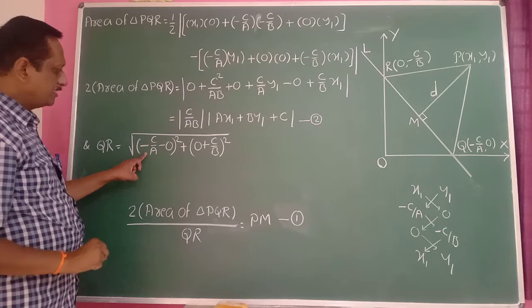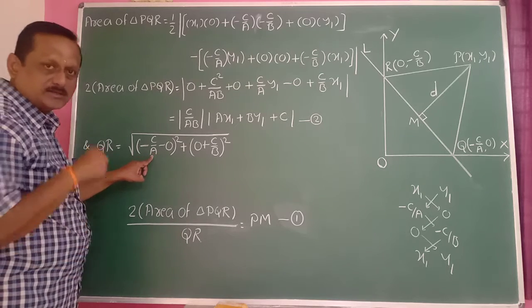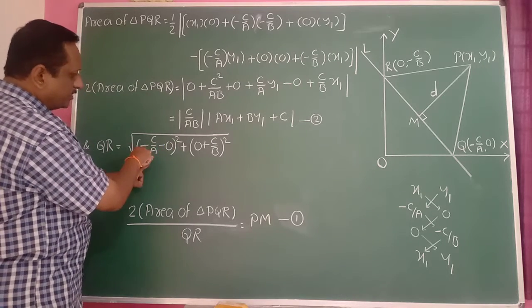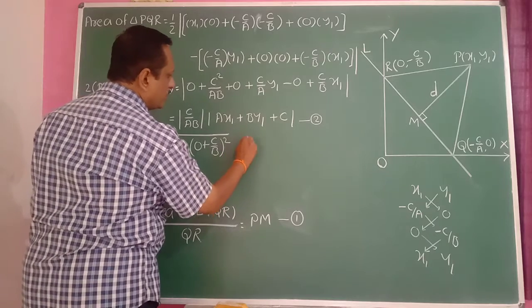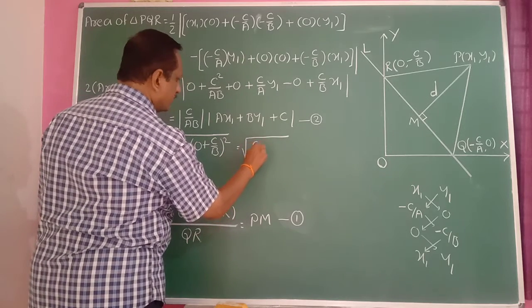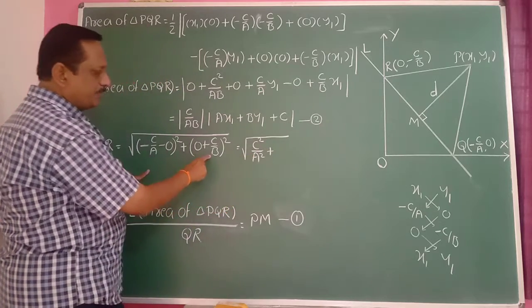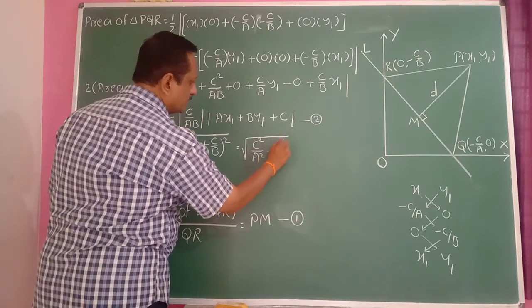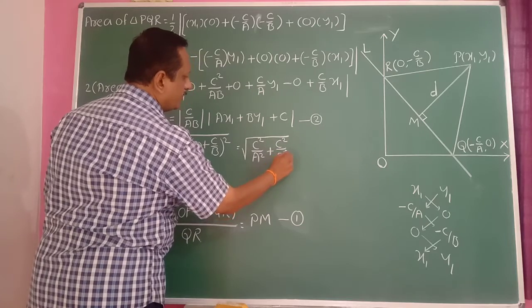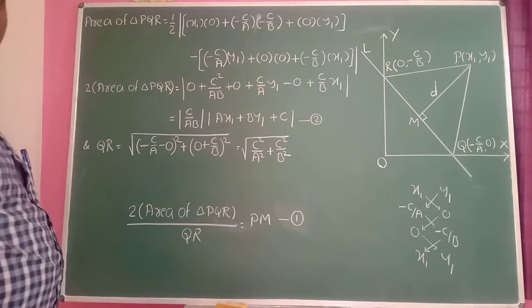Here minus c upon a minus 0 is minus c upon a, and square is there, minus becomes plus here, so root of c square divided by a square here, then plus c upon b whole square becomes c square divided by b square.